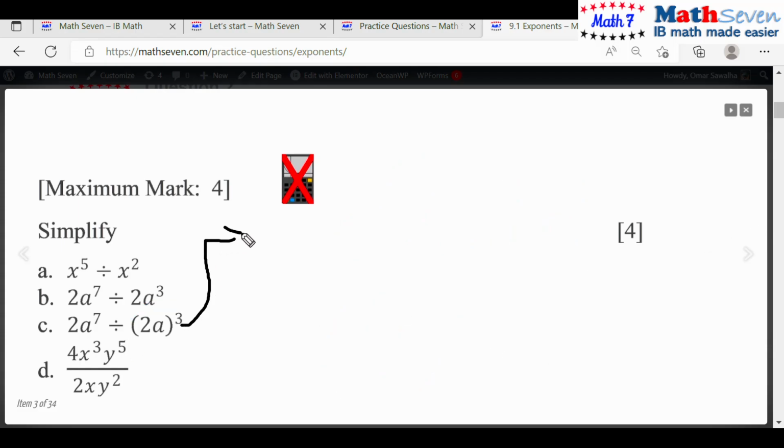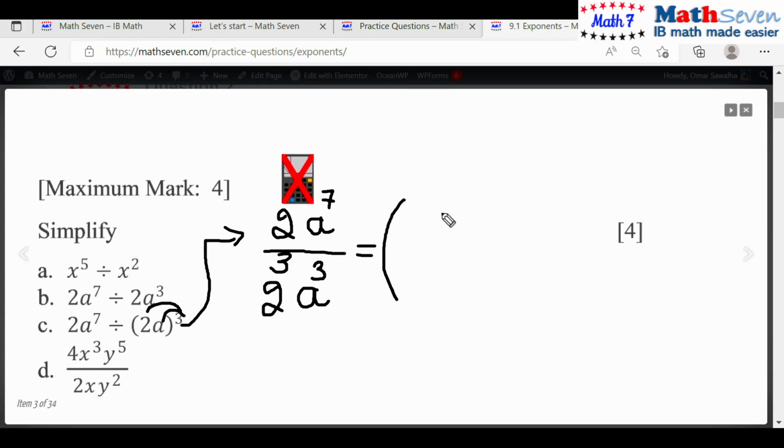First of all, let me write it as a division bar. It is 2a to the power of 7, no problem, all is good. Now I distribute this, so it becomes 2 to the power of 3 over a to the power of 3. Now see what I do: I do the numbers alone and the variables alone.